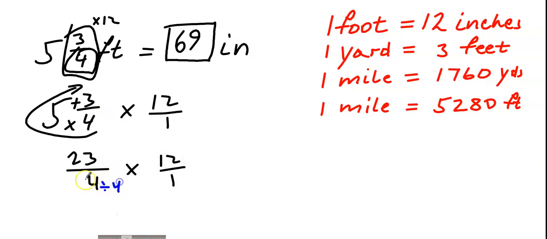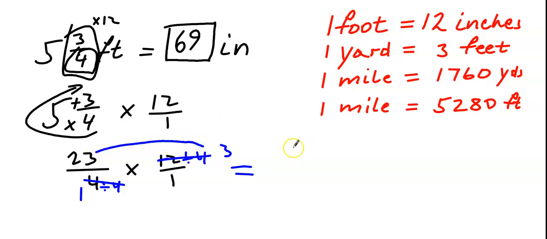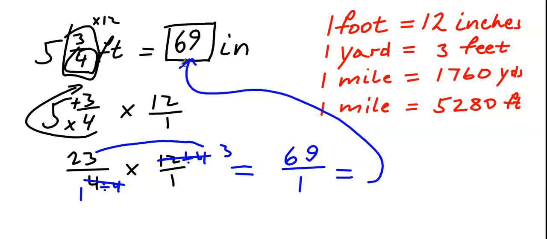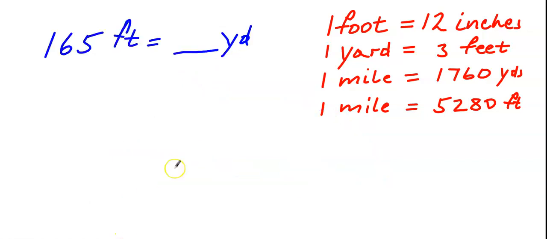Divide this by 4, you get 1. Divide this by 4, you get 3. Now we multiply. 23 times 3 is 69. 1 times 1 is 1. 69 divided by 1 is still 69, so our answer is correct at 69 inches.